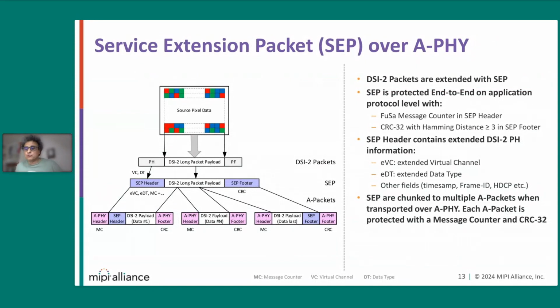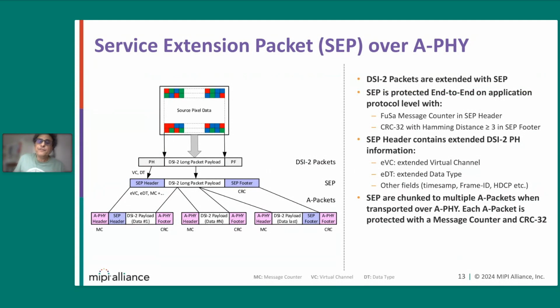If I now go to the protocols, the service extension packet protocol, the SEP, basically what we do is we add header information like a message counter and information about the packet data type, which is extended, and which virtual channel it is, with EVC and EDT. And we add some CRC for redundancy.